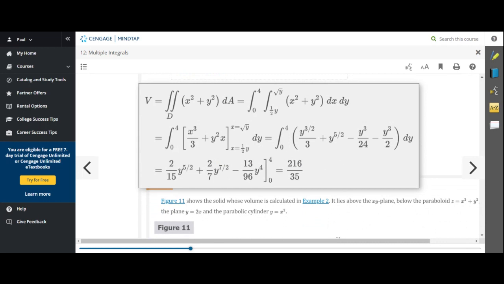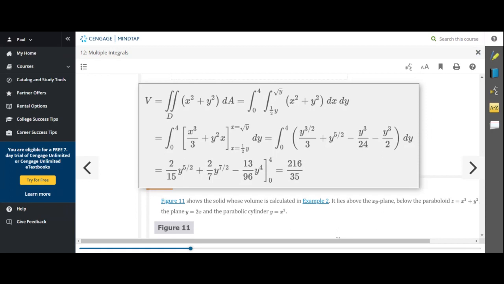And sometimes, class, it's easier to treat the region as a type 1 region. Sometimes it's easier to treat the region as a type 2 region. It really depends.